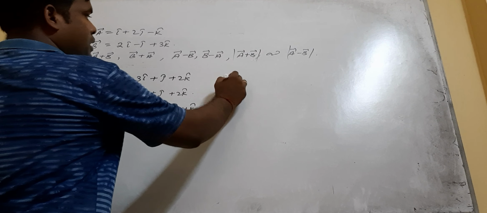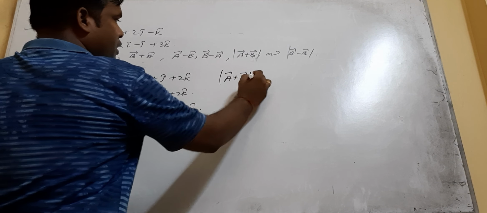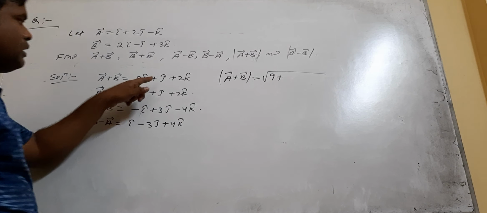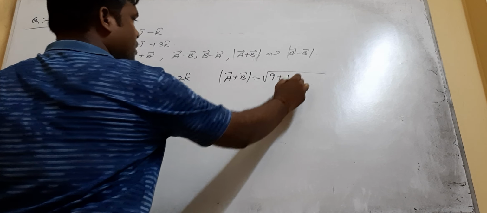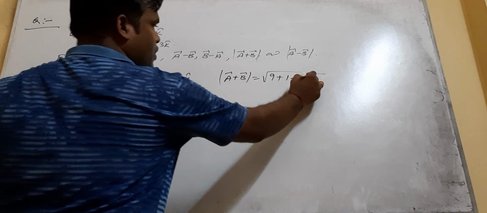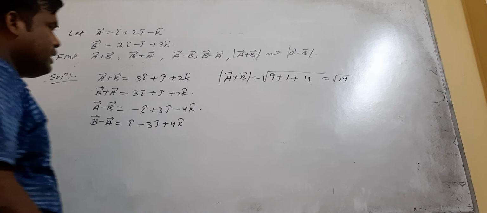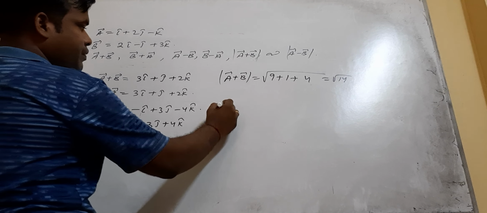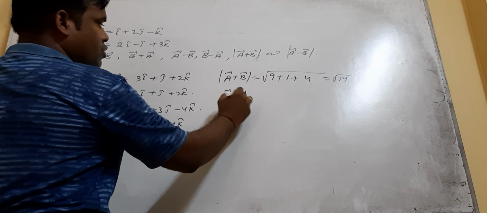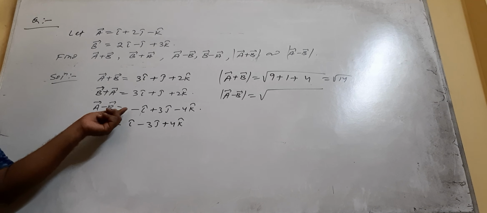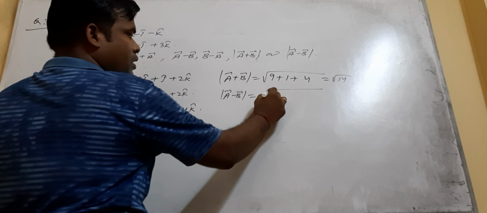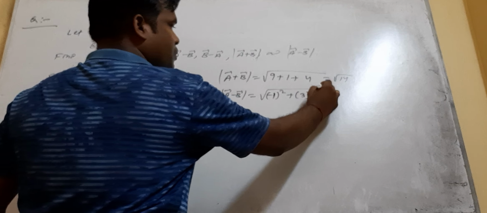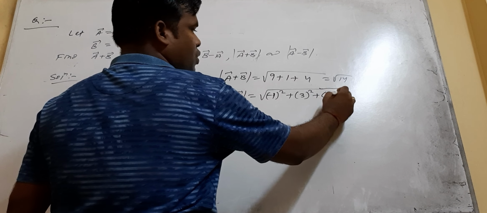So what is the a vector plus b vector magnitude? It is equal to 3 square, that is 9, plus 1 square, that is 1, plus 2 square, that is 4, that is root 14. Similarly, you can find the b vector plus a vector magnitude. Similarly, what is the a vector minus b vector magnitude? It is root over of minus 1 whole square plus 3 whole square plus minus 4 whole square.